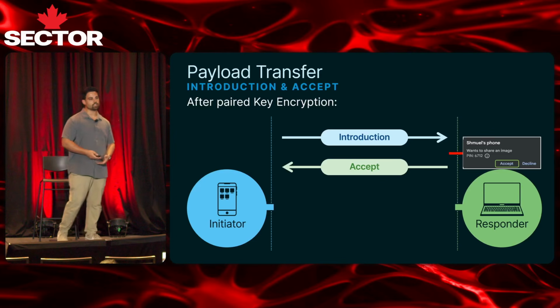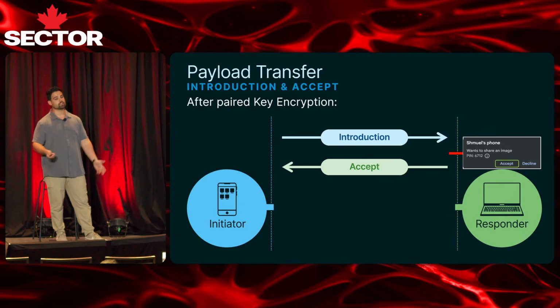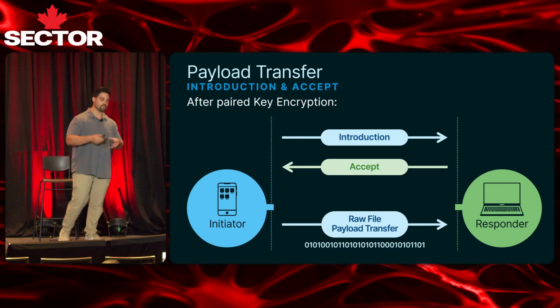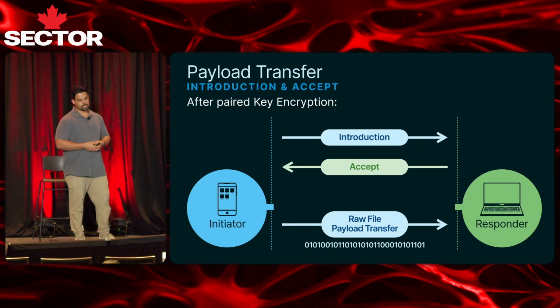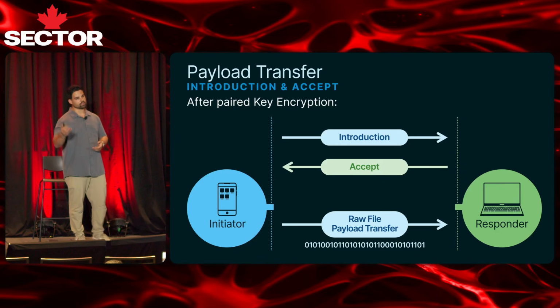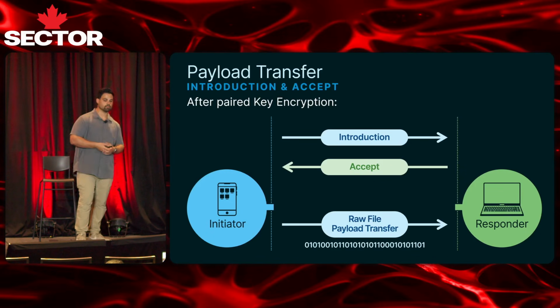At this point, the initiator knows that the responder would like to accept the file and sends the actual raw file inside the payload transfer packet. And at this point, the file is written to disk on the responder's device into the downloads folder, and the communication is pretty much done.